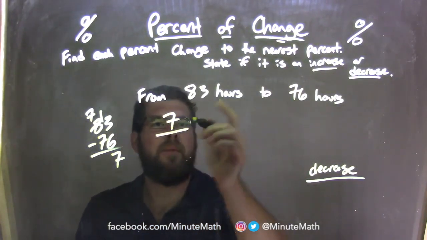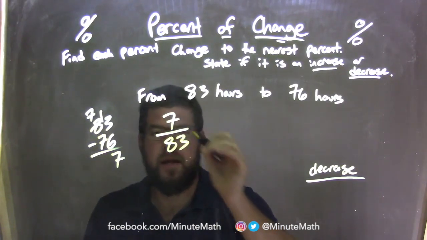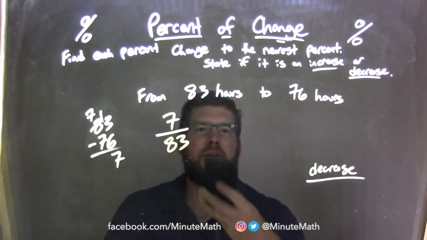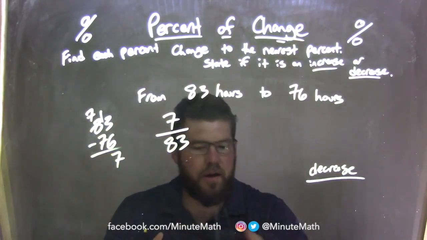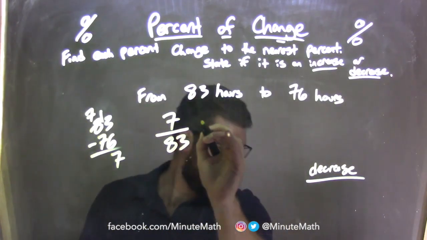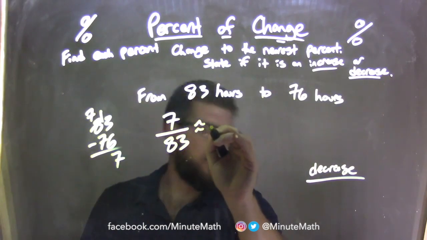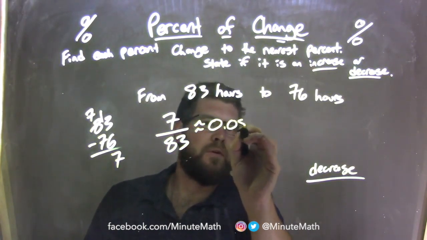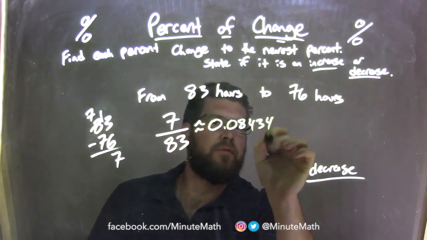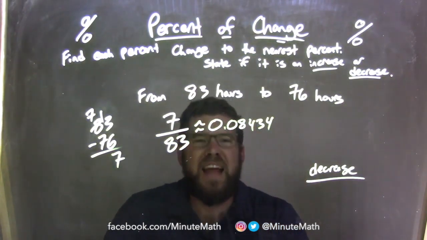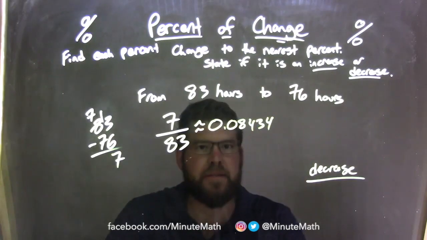7 divided by our first number, which is 83. Use our calculator to get a decimal here. So what's 7 divided by 83? It comes out to be, let's do approximate to make it easier, 0.0843. Now I need to convert that to a percent, right?